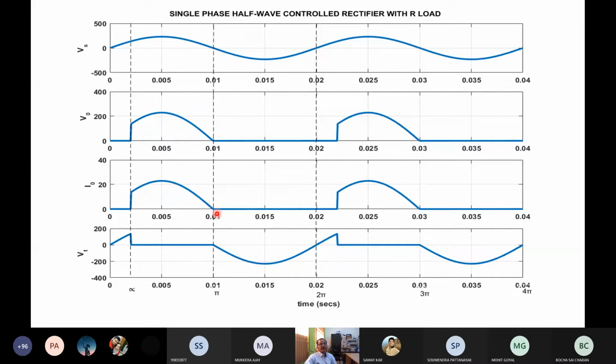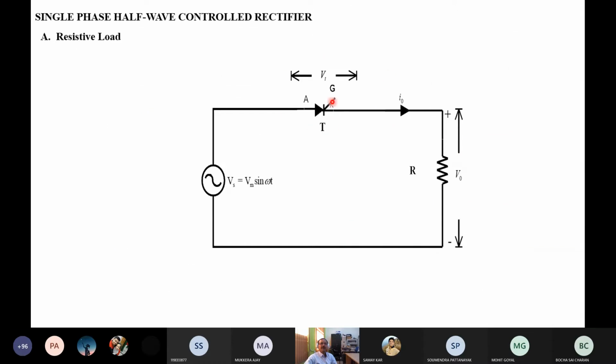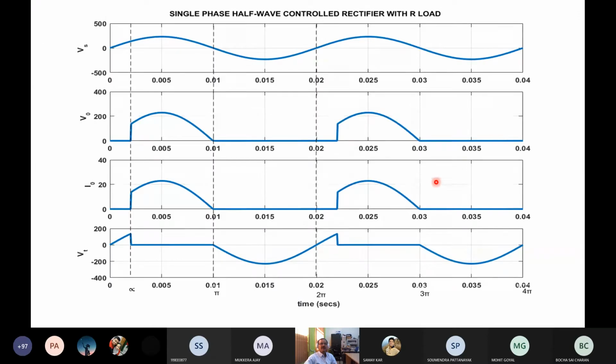Now, after pi, the thyristor is reverse biased, current is 0, so it is turned off, and the load voltage is 0 because, as I told you, when it is off, the current is 0 and the load voltage is 0. Again, in the next half cycle, the thyristor is forward biased, and we apply a gate pulse again here.